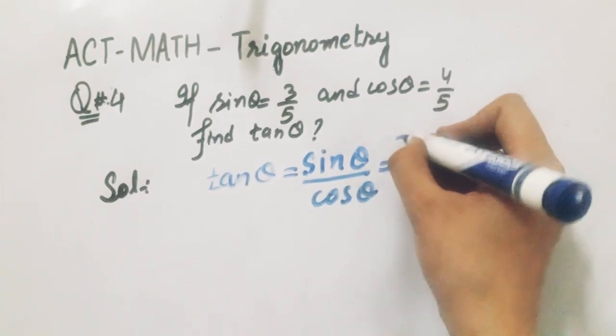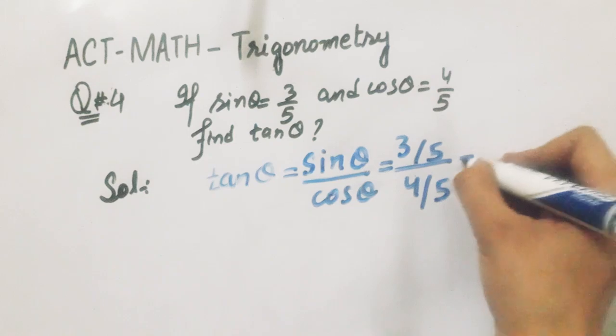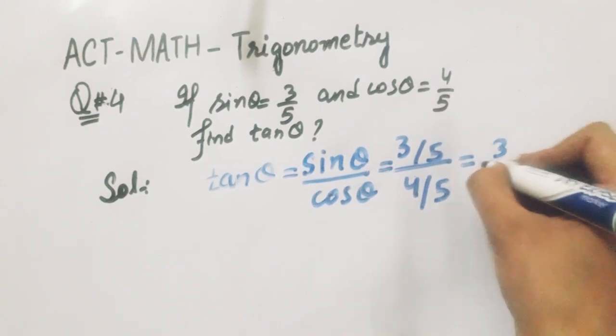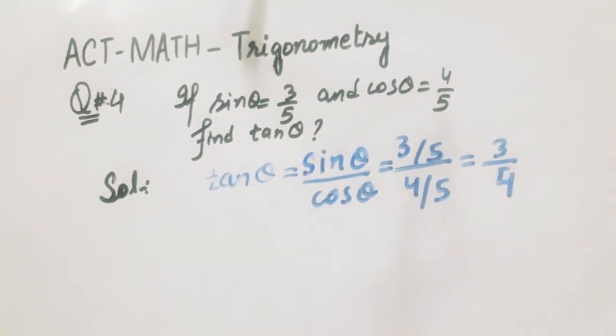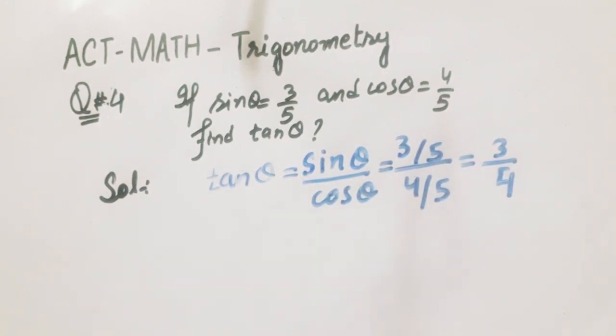So sin theta is 3 by 5 and cos theta is 4 by 5. 5 and 5 are cancelled out and we have 3 by 4. So tan theta value is equal to 3 by 4. Now we will solve another important question.